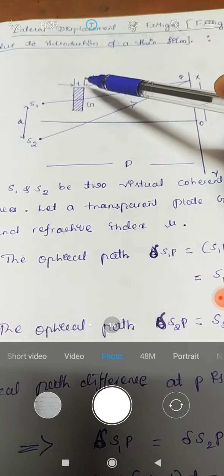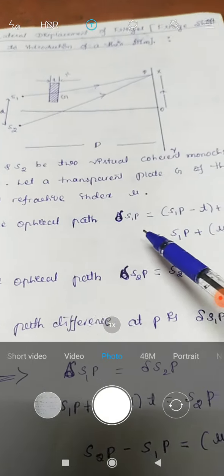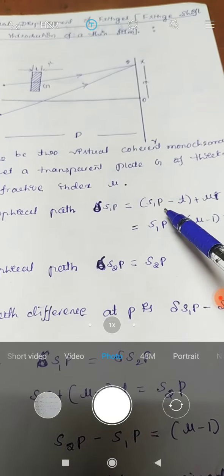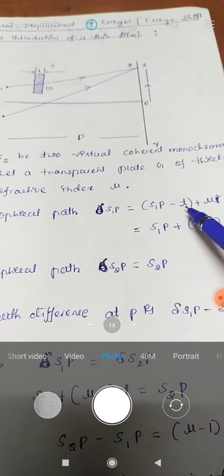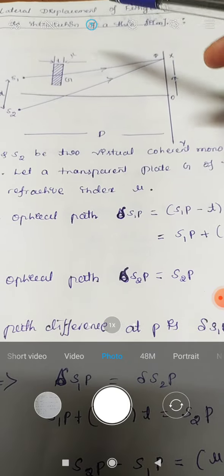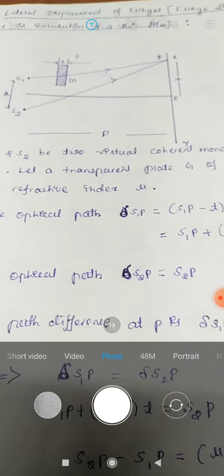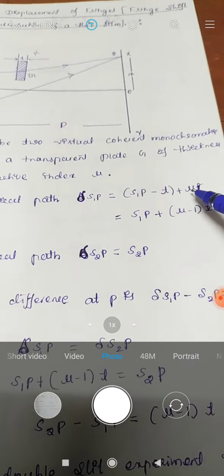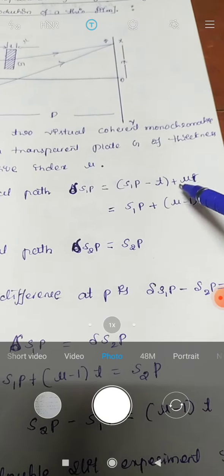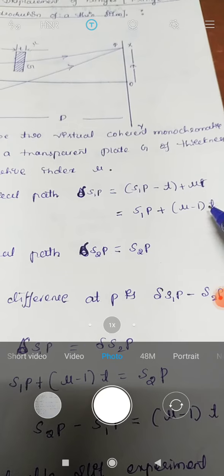The optical path we can express as delta SP is equal to SP minus T, that is the path traveled by the light in air, plus mu into T, where mu is the refractive index. So we can express this equation as SP plus (mu minus 1) T.